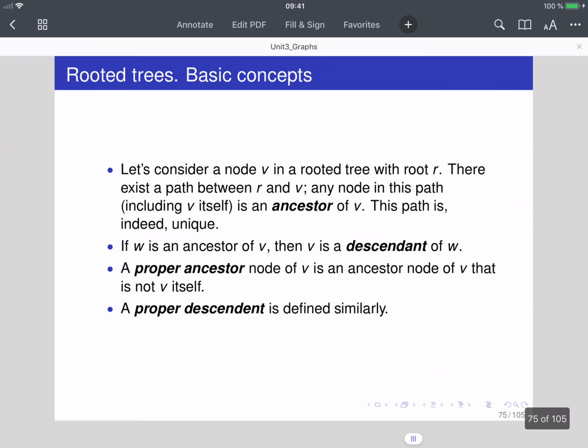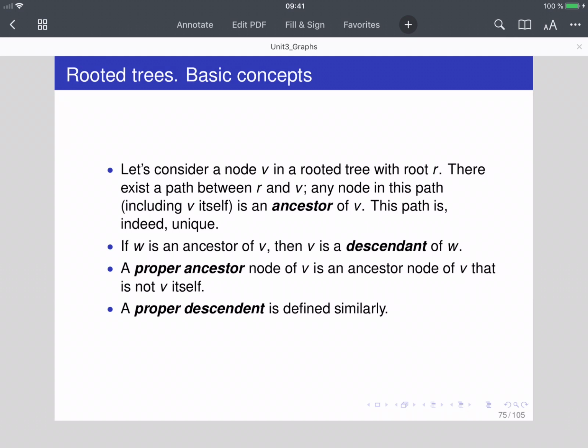And then if we have a root, then we have a kind of direction in the tree. We can go from the top to the bottom, from the root to the other elements. And then we have a series of names for the different elements and the different parts of the rooted tree that come both from botany and from genealogy.